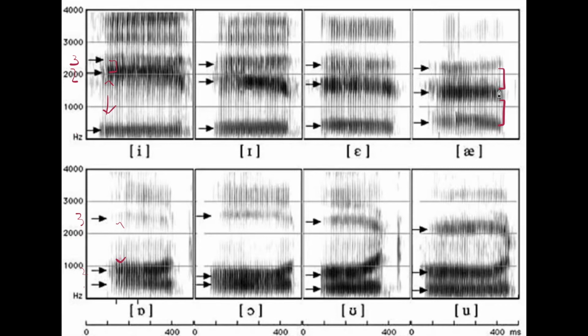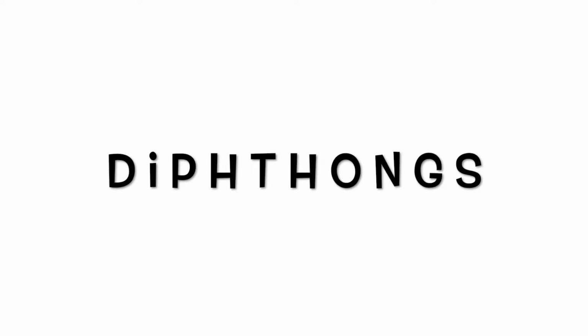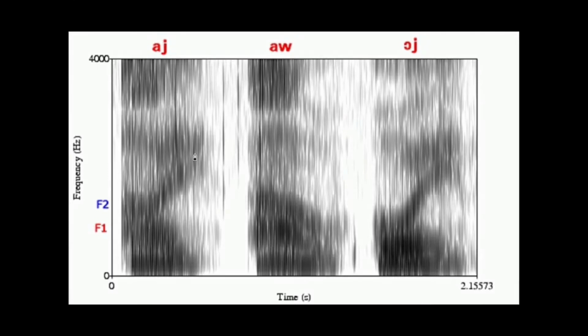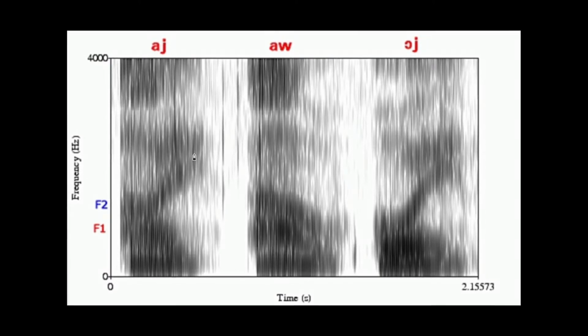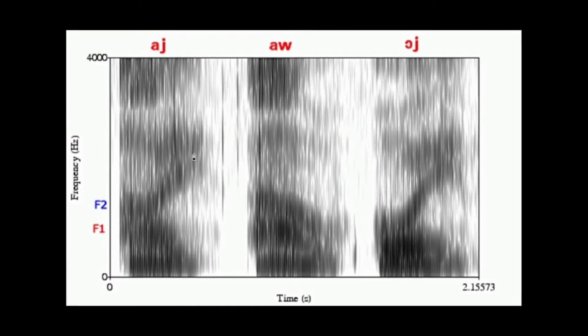Now, once you analyze a spectrogram, knowing these rules and formants will allow you to easily determine the specific type of vowel it is. Next are the diphthongs. These are two vowels in one unit which has three parts: on-glide, off-glide, and the steady-state formant.